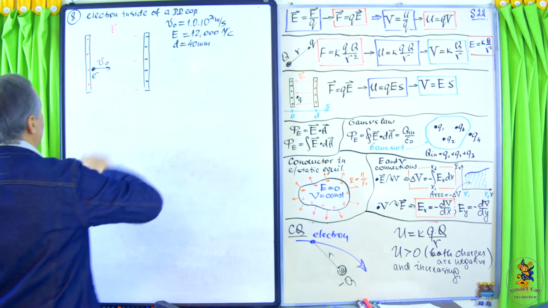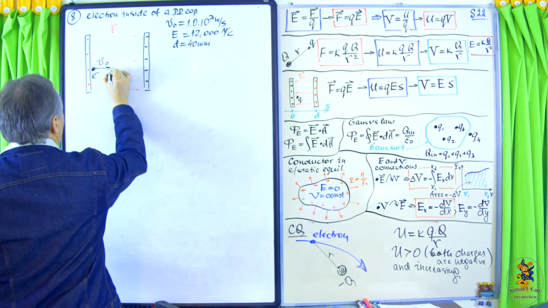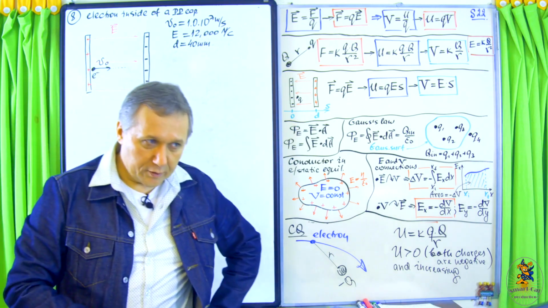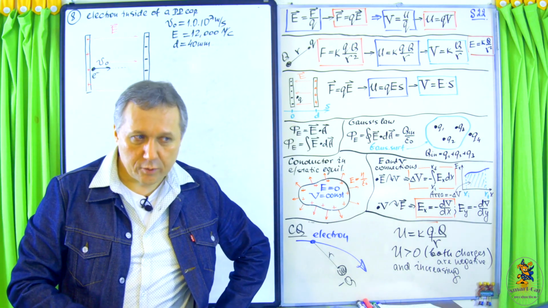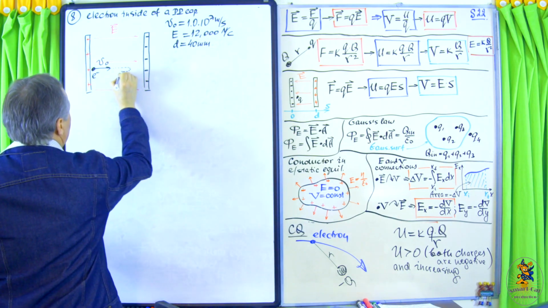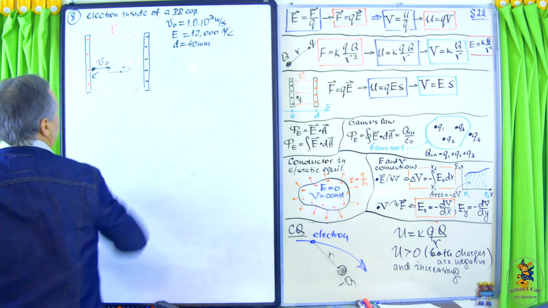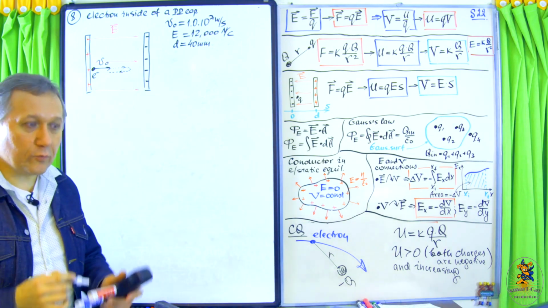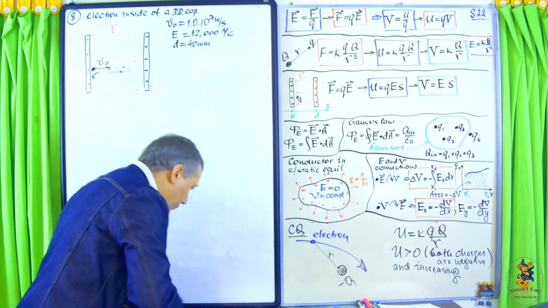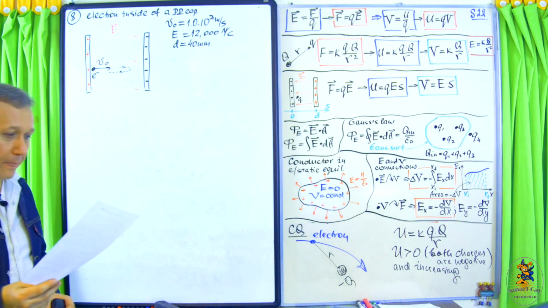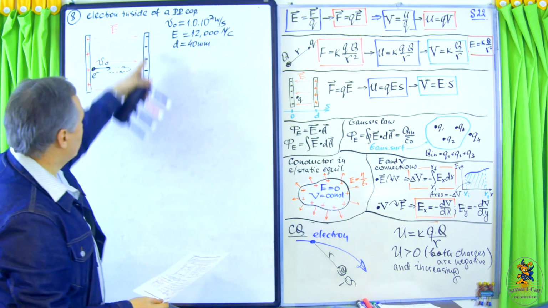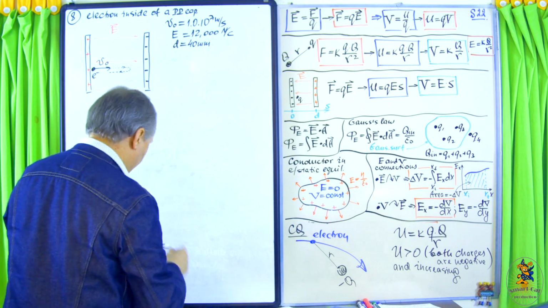But since we have initial velocity, it will travel for some time, and then it is going to stop at a certain moment. It will reach a turning point, turn around, and start moving in the opposite direction. So we just need to find the position of that turning point. The question asks: find the distance of closest approach of the electron to the negative plate.